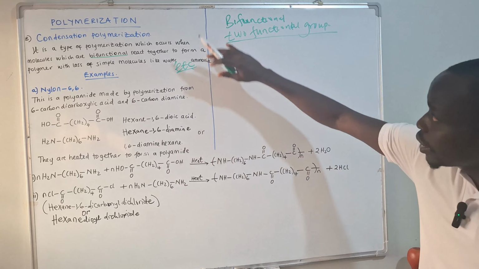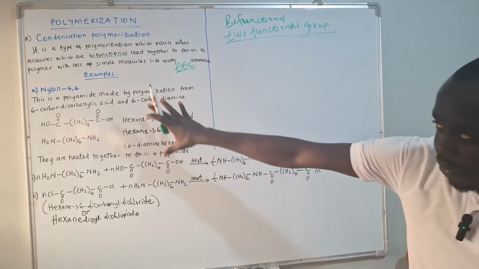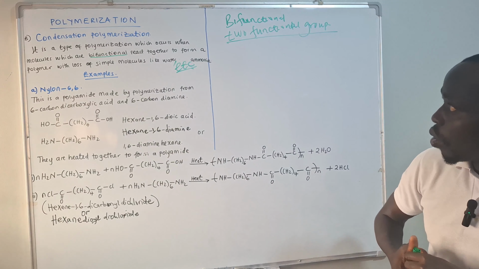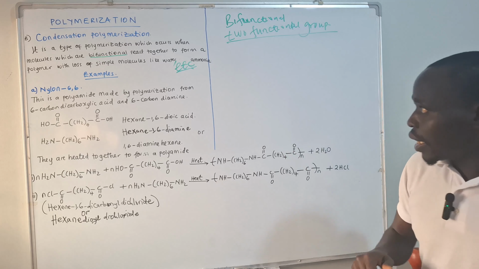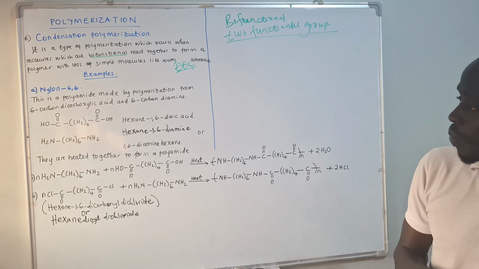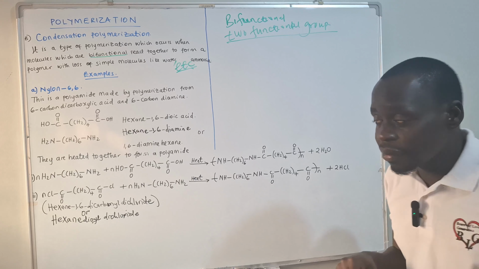Now, if you have known the correct definition of this, we shall now come to the examples and see what we actually mean by these bifunctional molecules. We shall see critically. Previously we said a functional group is the reacting site of that very molecule.